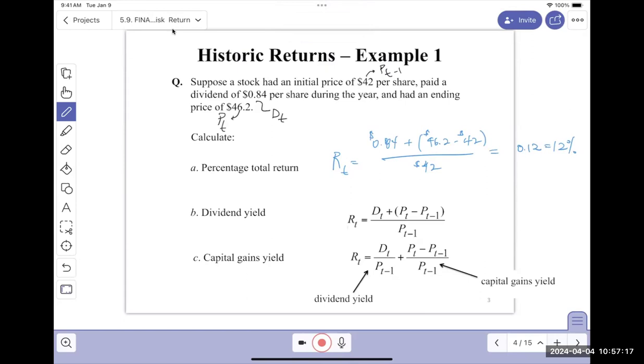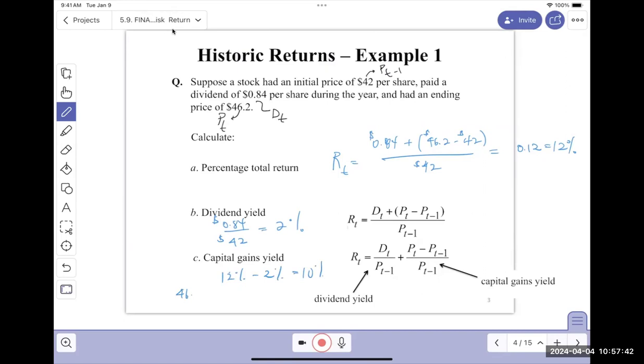If you do these separately, the dividend yield is 0.84 divided by 42, which is 2%. And the capital gains yield is the other part. Or you can just take 12% minus 2% to get 10%, or make the calculation yourself.